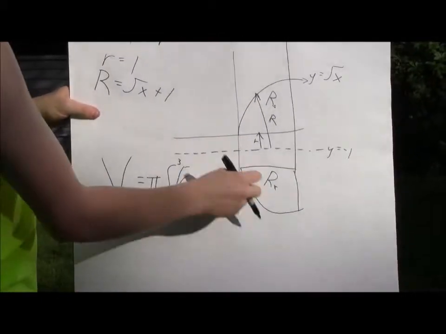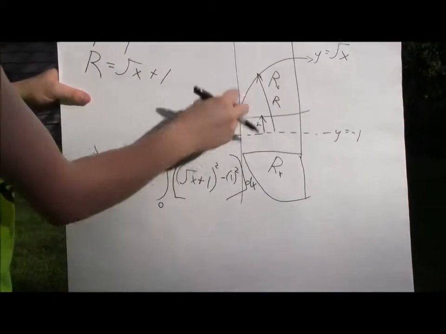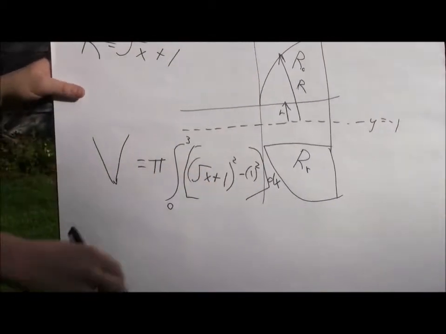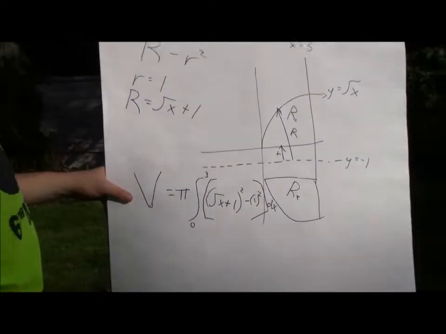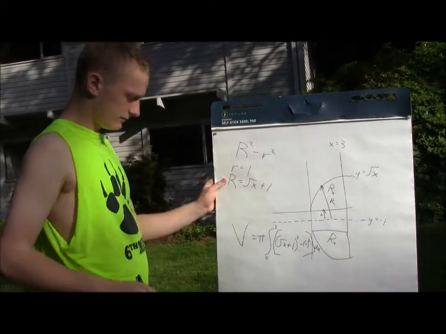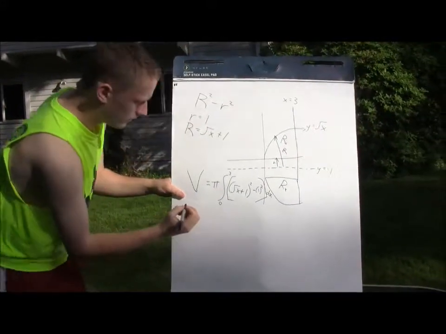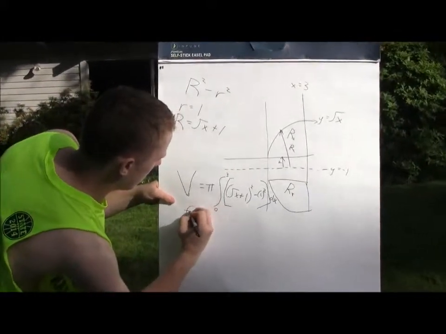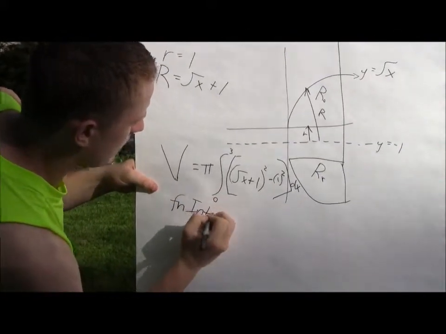Sorry, it got a little bit complicated with this y-axis right here, but you can see it pretty well. So right now we're going to input this into a calculator and see what we get for an answer. Our volume, again on a calculator, is going to be Fn int.